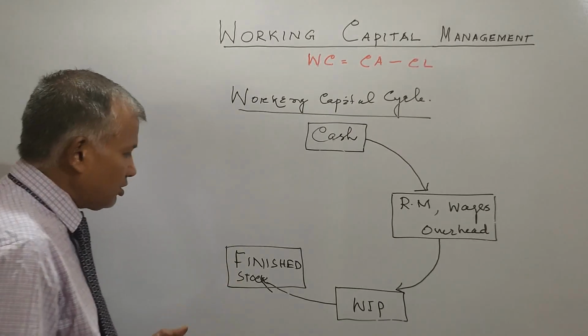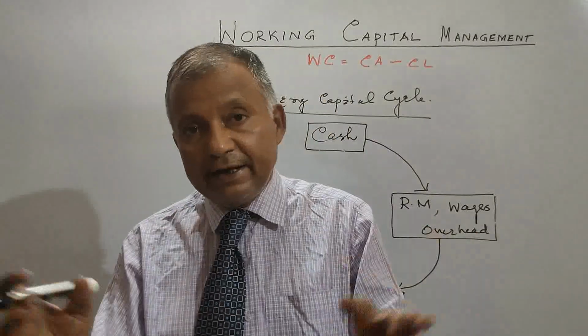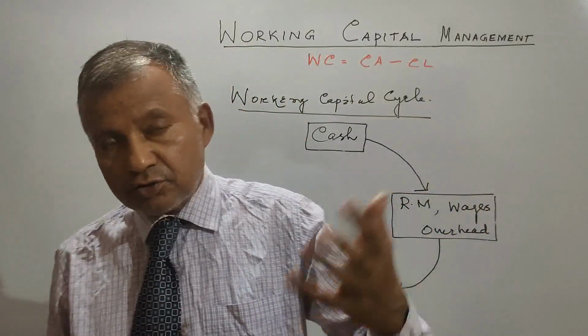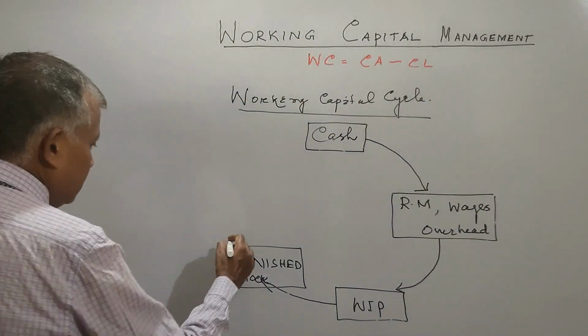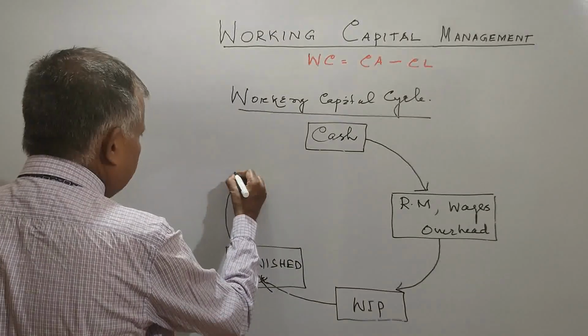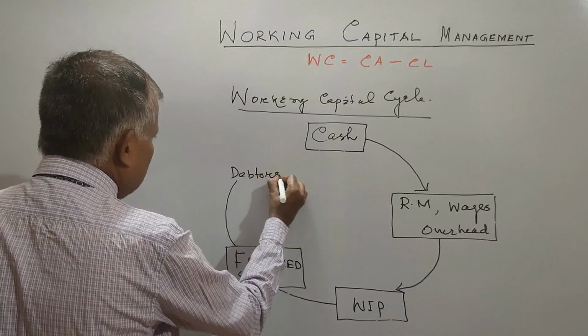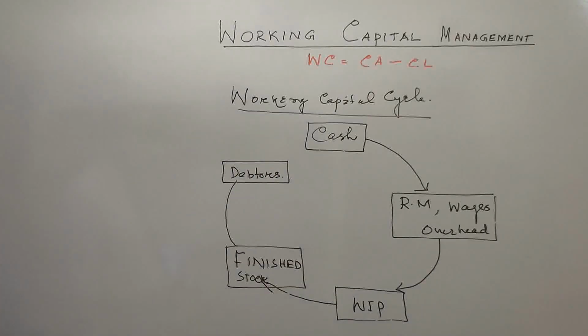The finished stock can be sold on cash or on credit. Let us say the finished stock is sold on credit. When the finished stock is sold to the customer, the customer is called debtors.